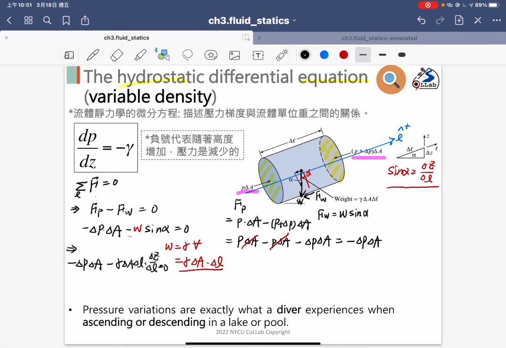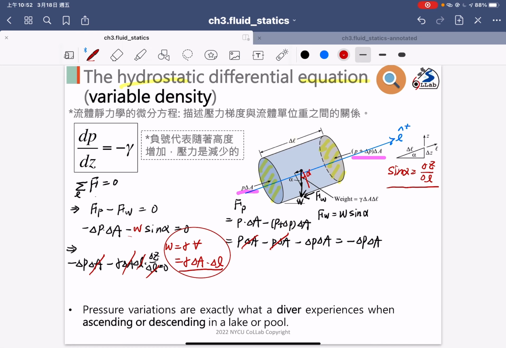Okay. And you just cancel out some parameters that are the same, like the delta A. So we cancel out the delta A, and the delta L also cancels out.